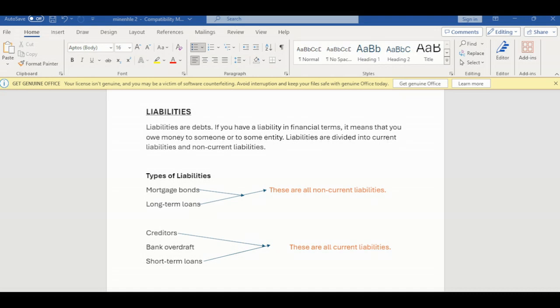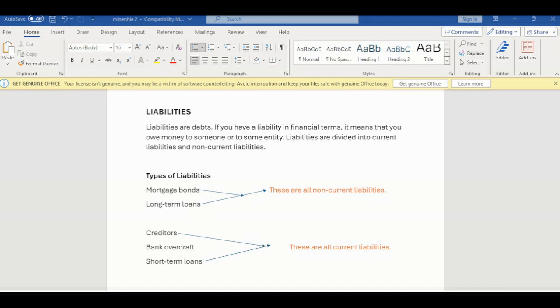A long-term loan is money that the enterprise borrows from a bank or any other financial institution for more than 12 months or more than 1 year. These are people who are providing us with money. We come into agreement on how many years it will take for our business to pay in full.